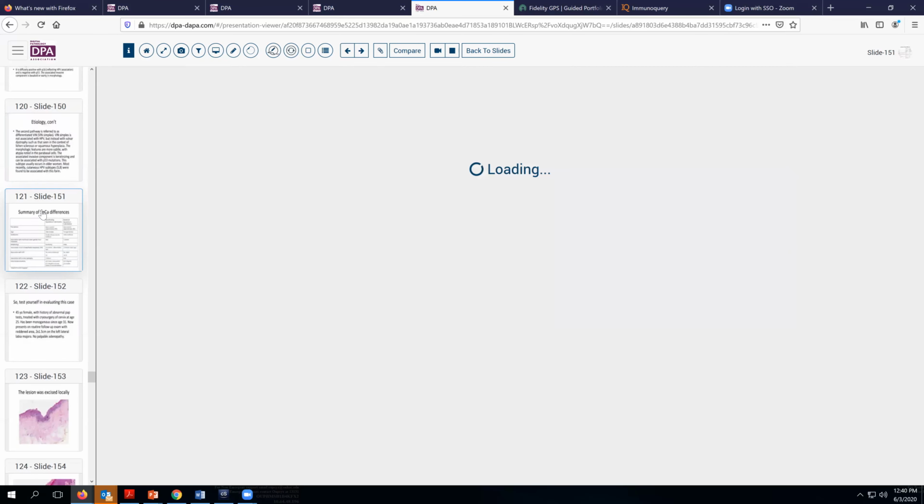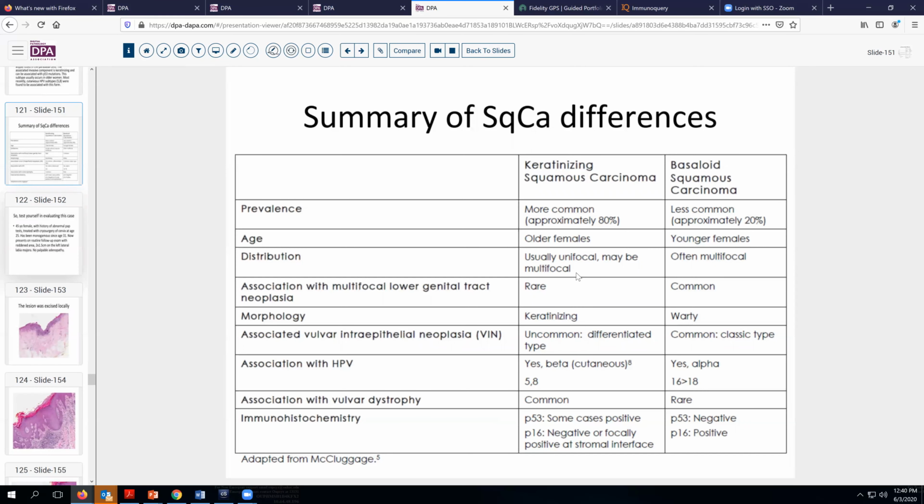Taking a further look at just the differentiation between the basaloid squamous cell carcinoma and keratinizing squamous carcinoma: more commonly typical keratinizing, less commonly basaloid; younger, older; multifocal, unifocal; commonly associated with HPVs and lower genital tract disease elsewhere versus rarely; warty versus purely keratinizing; and then associated VIN, yes, typically present.